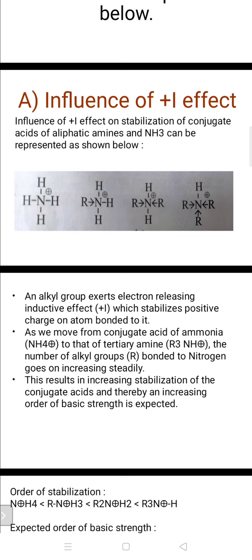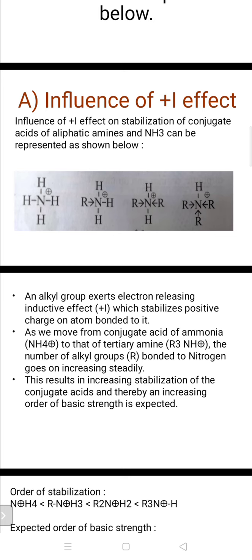Of course, the central nitrogen atom is electron deficient now due to the positive charge. It needs electrons, and that electron can be supplied from the neighboring alkyl groups. That's why as the number of alkyl groups increases, the stability increases, and the plus I effect also increases.